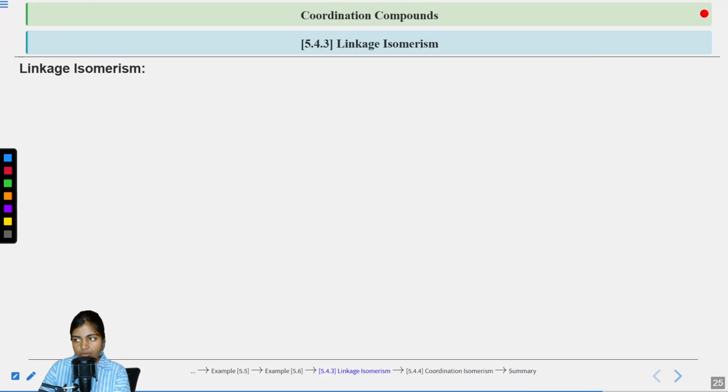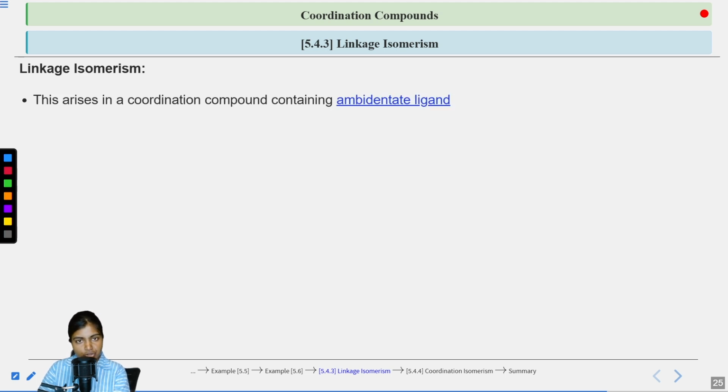Let's see another isomerism, which is linkage isomerism, 5.4.3. This arises in coordination compounds containing an ambidentate ligand. So in a coordination complex, if you have an ambidentate ligand, then that coordination compound is going to show linkage isomerism.